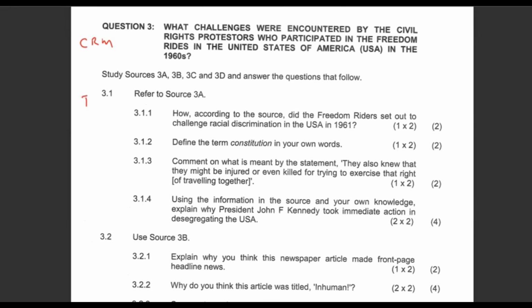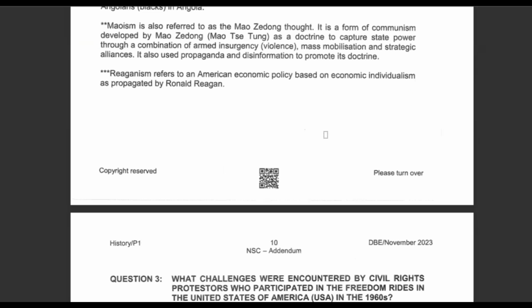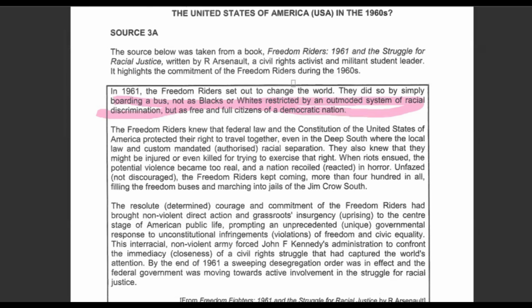So you can say, okay, the Freedom Riders boarded a bus not as black or white, but they did so as a method of protest.